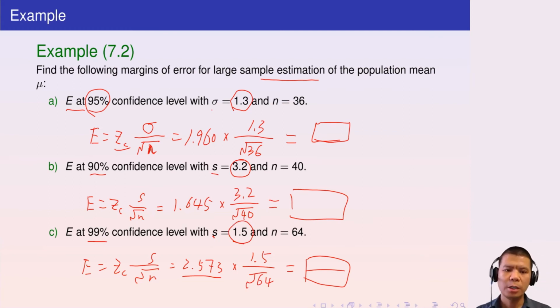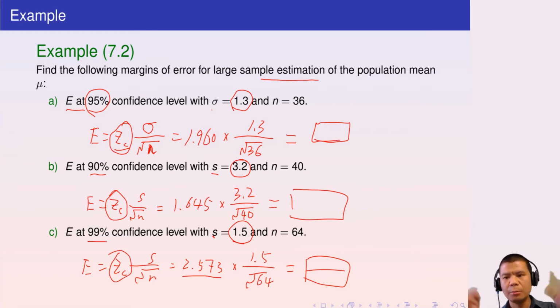That's how we find the margin of error. It's basically just using the correct formula, finding the value for the critical value, and plugging into the formula. So this is the margin of error.